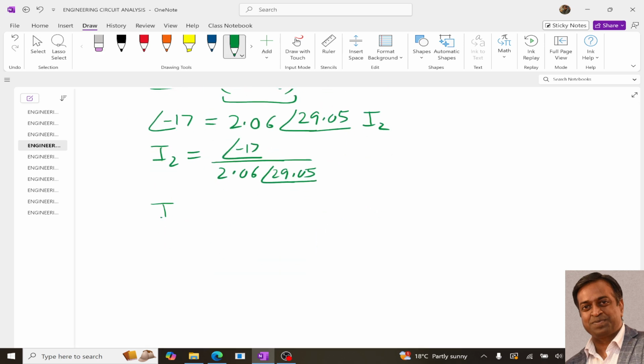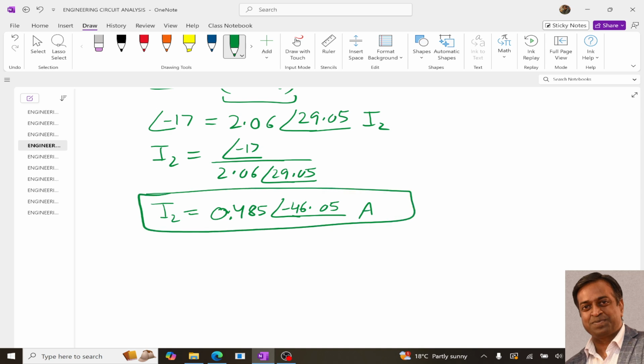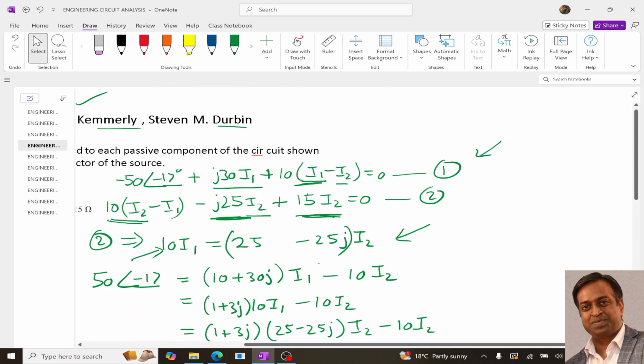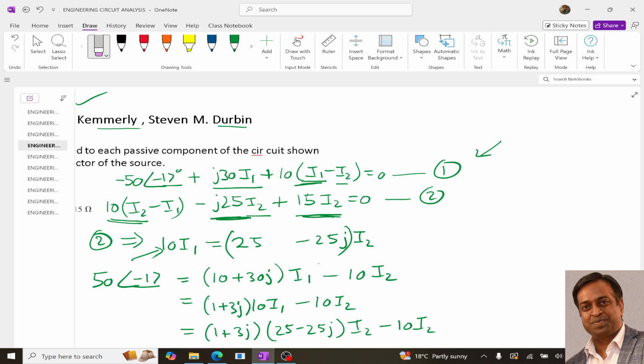So we will get our I2, or let me put in the next line, our I2, it will be 0.485 angle minus 46.05 amperes. Once we get I2, now from this, substituting this I2 in the above equation, like we can substitute this I2 in this third equation, which is 10I1. 10I1 equals to 25.